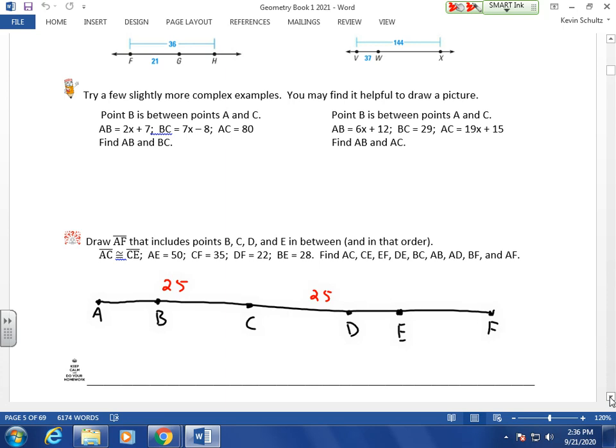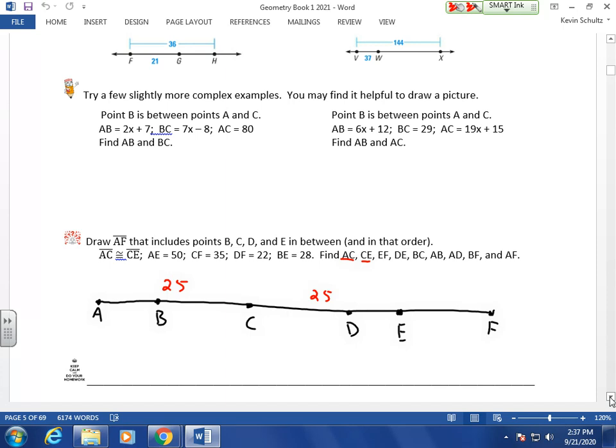If AE is 50 and AC and CE are congruent, that's why I put C in the middle, right? It means that one can't be 20 and the other 30, or 40 and 10. It's got to be 25, 25, because they're congruent. All right. Did I have to find AC? Yes, I did. Got that one done. Did I have to find CE? Yes, I did. Got that one done. We're cruising.